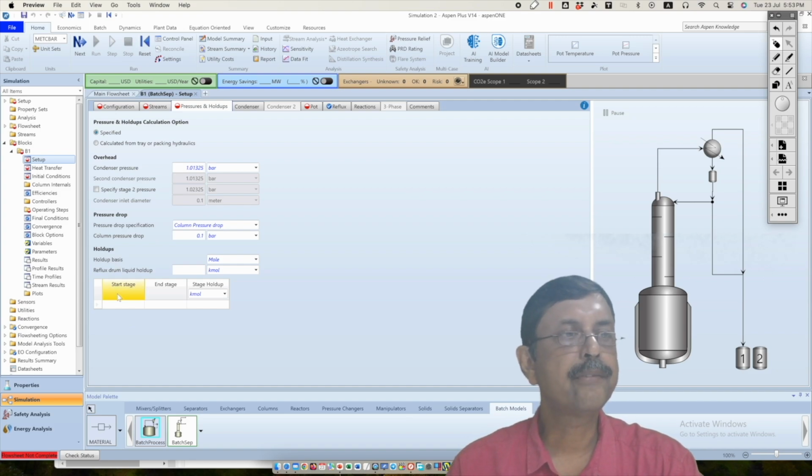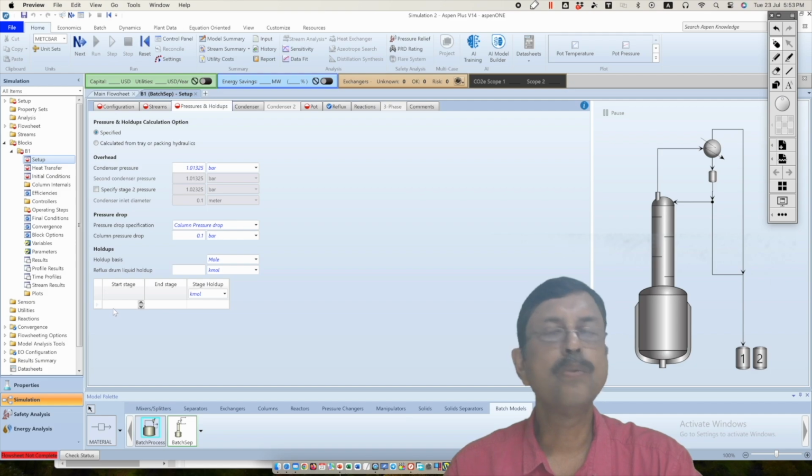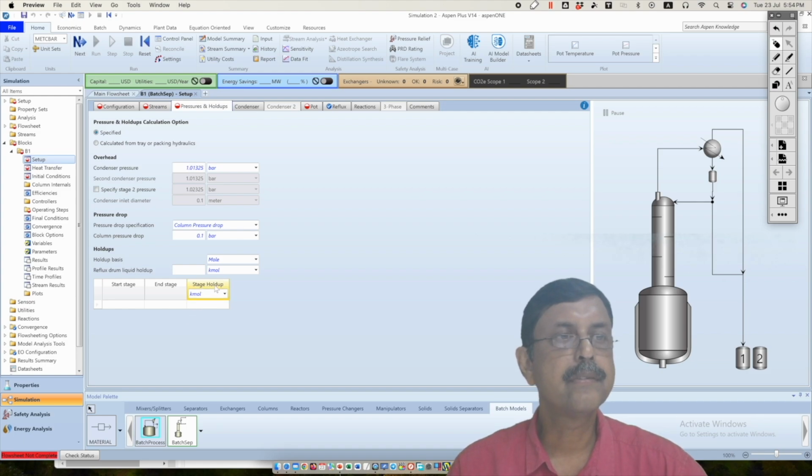Okay, so based on number of stages you choose, your start stage and end stage can be chosen, and the stage hold up in terms of kilomole can be specified over here.